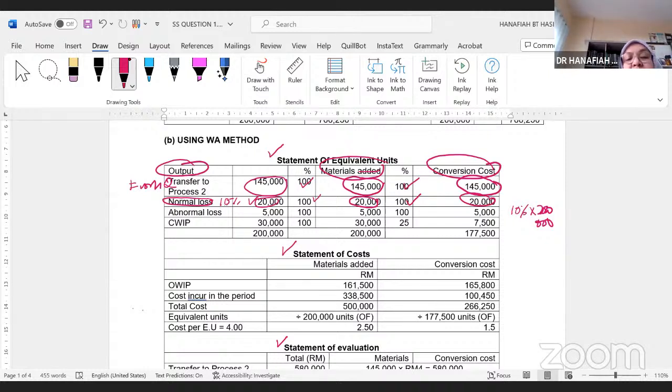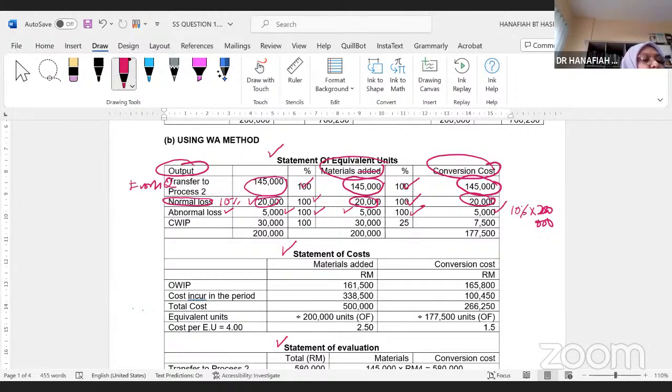It means that we have 5,000 extra. Okay, it shows that this is abnormal. We expect 20, suddenly it comes up 25. All right, so 5,000 is your abnormal loss. Okay, it's also 100% and 100%. So that's why you transfer 5,000 and 5,000 here.